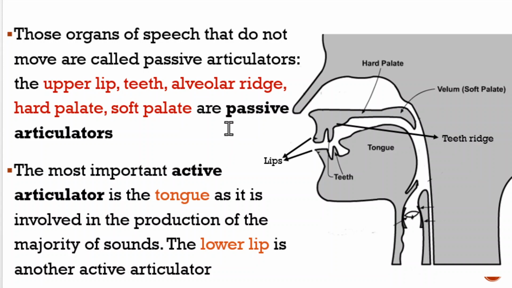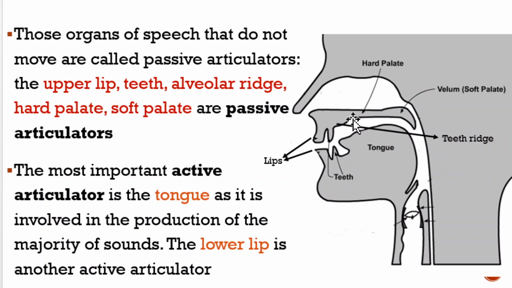We talked about articulators. Those organs of speech that do not move are called passive articulators. They are the upper teeth and upper lip; teeth, both upper and lower, are passive. The alveolar ridge is a passive articulator. The hard palate is this part, your roof of the mouth.